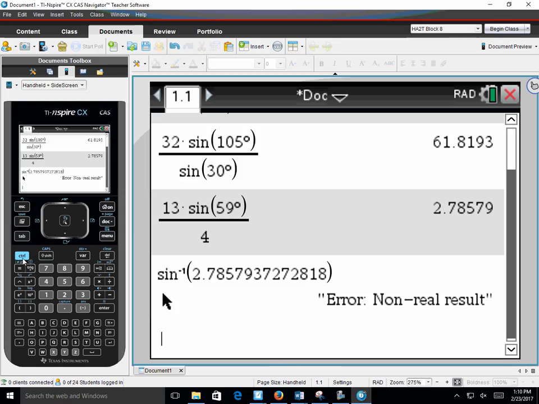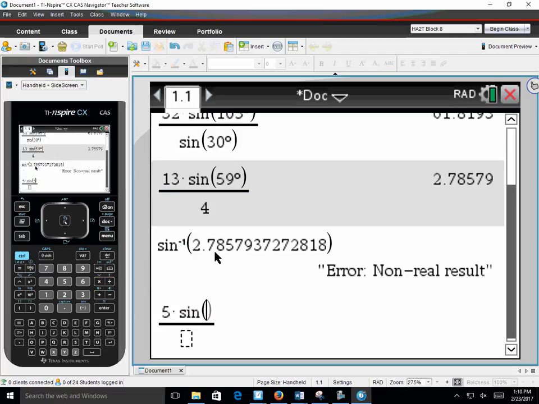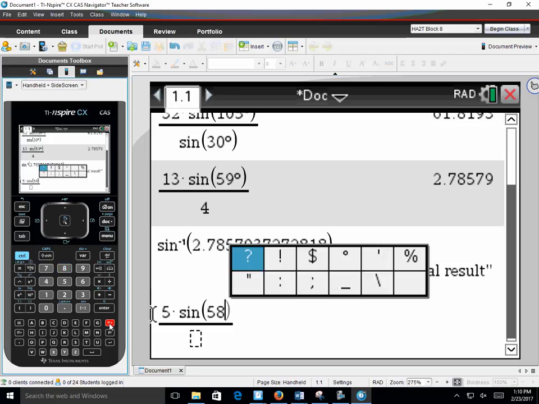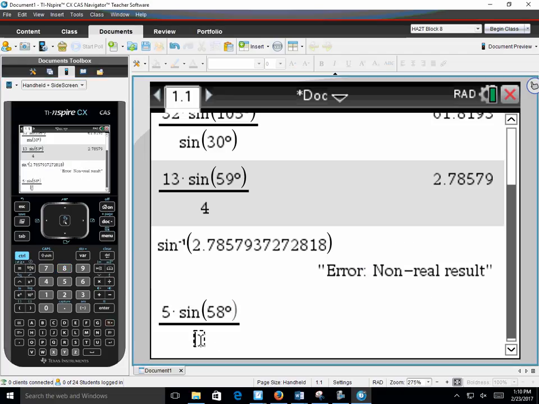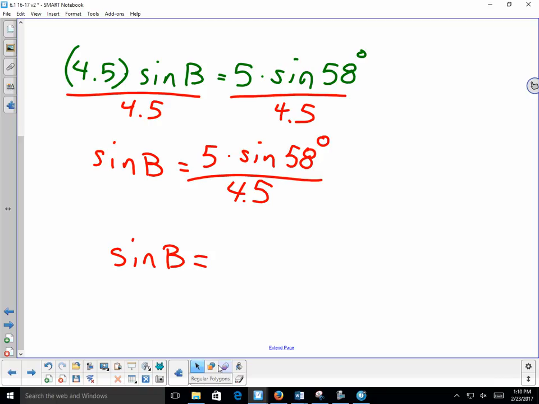Control divided by 5 times sine of 58 degrees. Hit my degree button, over 4.5. I'm getting 0.942. Are we okay with this? All right, let's go with 0.9423.